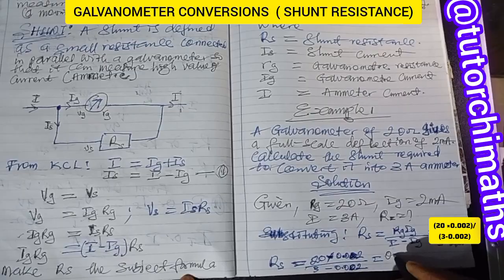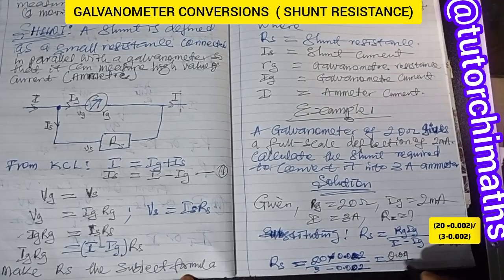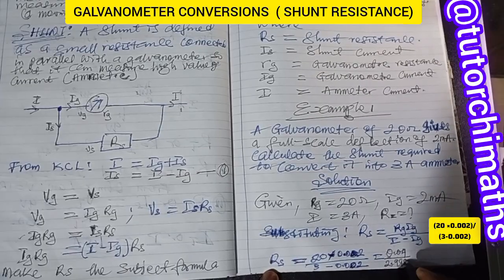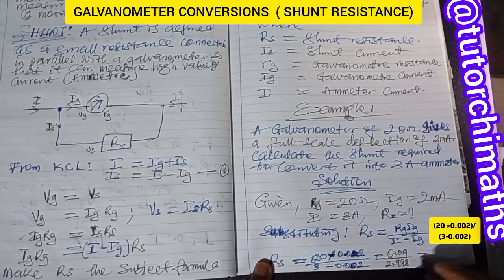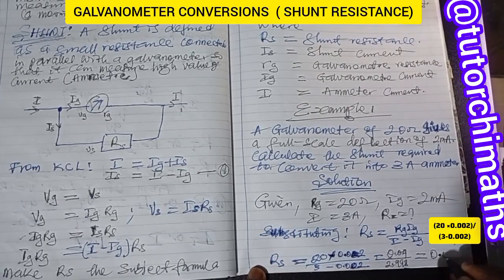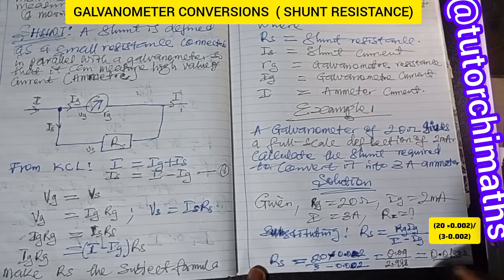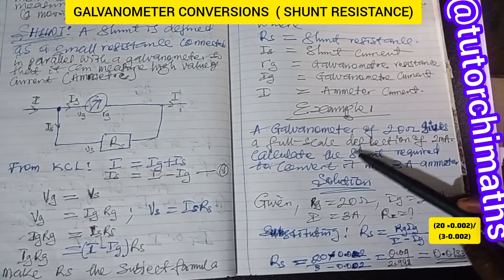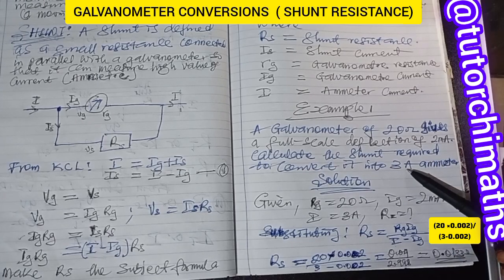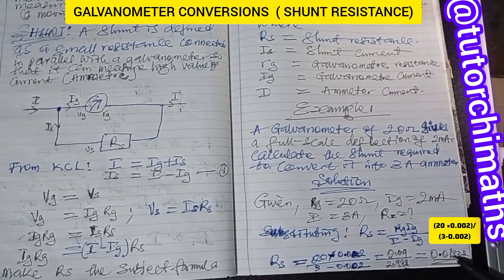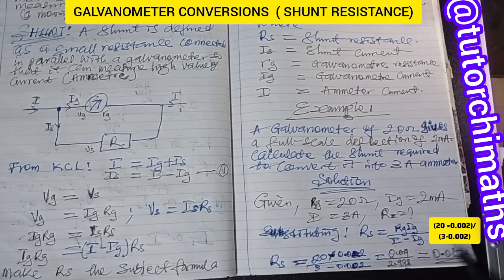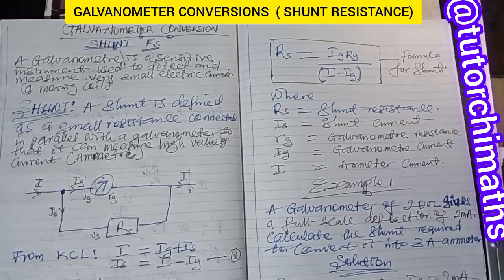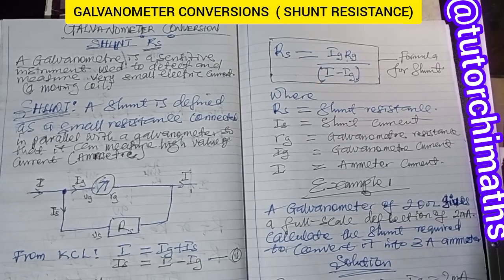We have 0.04 divided by 2.998. This will give us 0.0133 ohms. Okay, so the value of the shunt that will enable this galvanometer to measure a current up to 3 amperes is 0.0133 ohms. That's the value of the shunt or the resistor connected in parallel with the galvanometer.